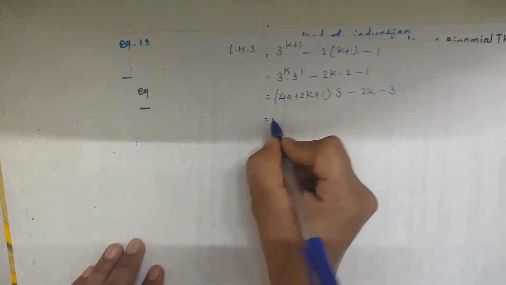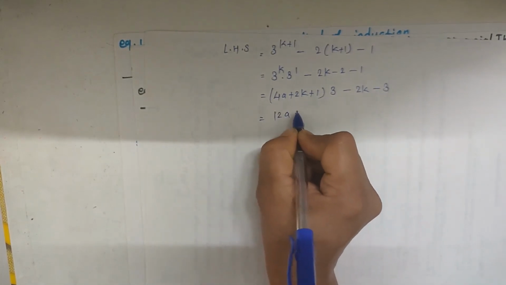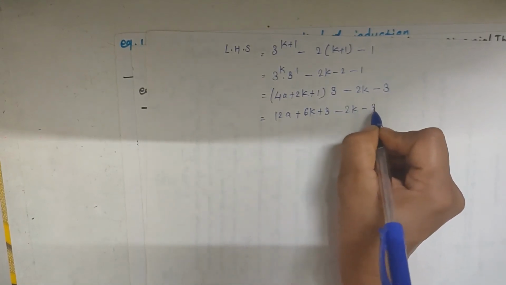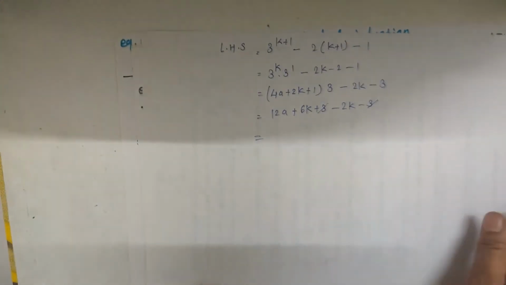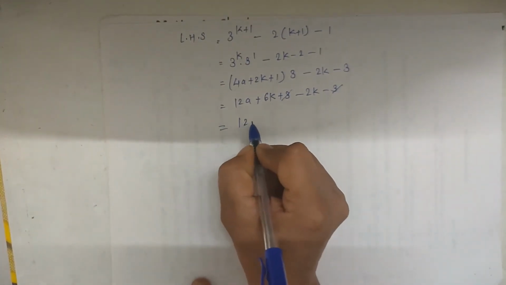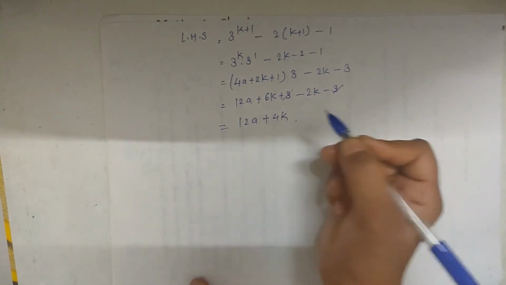Multiplying by 3, we get 12a plus 6k plus 3 minus 2k minus 3. Here plus 3 minus 3 cancel, and 6k minus 2k is 4k. So we get 12a plus 4k.